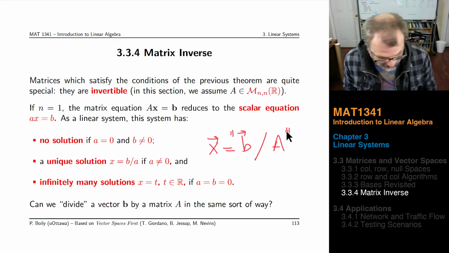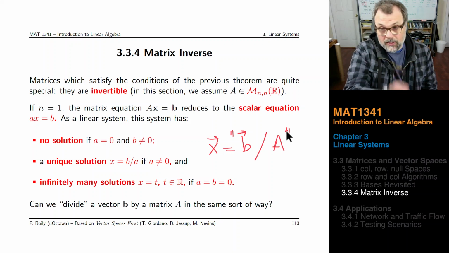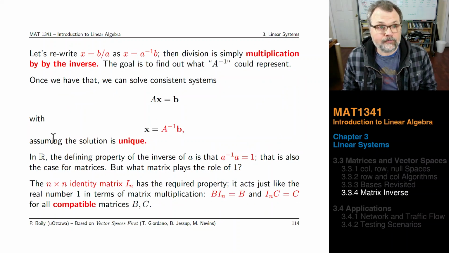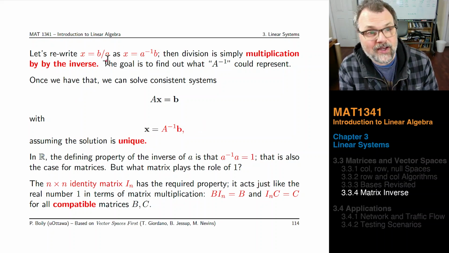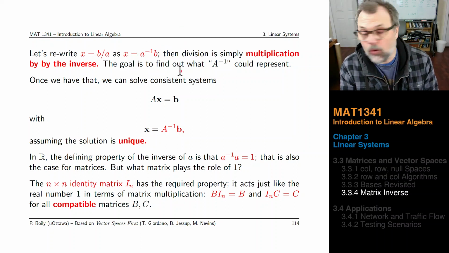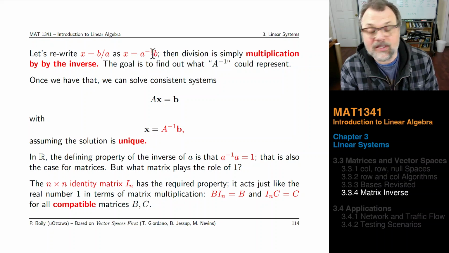It turns out that there's a natural way to view this that will allow you to actually do something like this. So instead of writing x as b divided by a, we're going to reword it so that division by a will be the same thing as multiplication by the inverse of a.